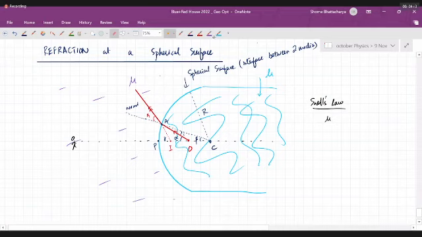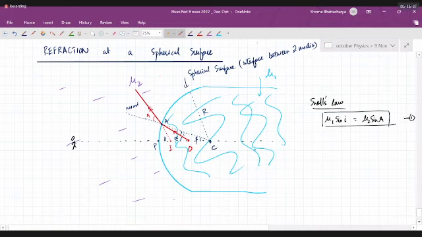Because in the standard formula, what we do is we always take mu1 as the refractive index of the medium in which the incident rays are there, and mu2 as the one which has the refracted rays. So mu1 sine I is equal to mu2 sine R. So this is Snell's law, and this is our first formula.